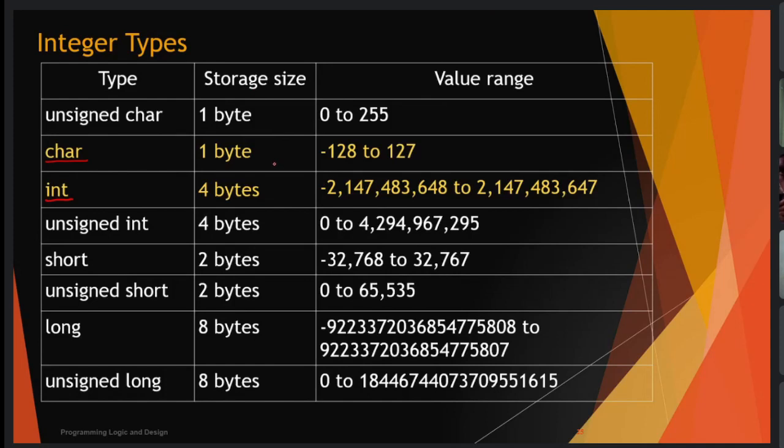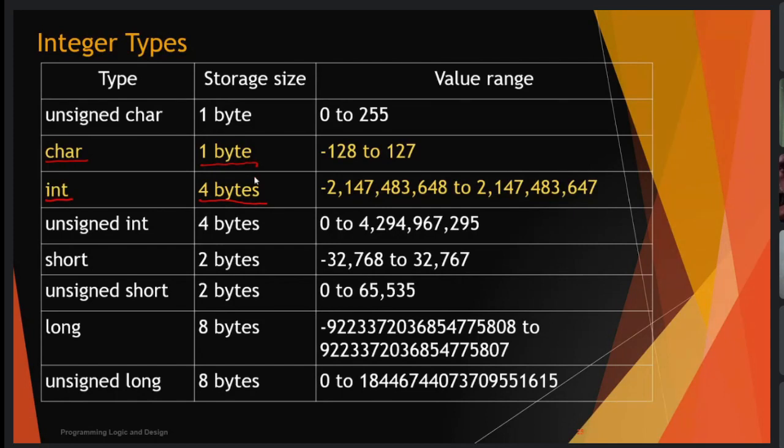As to how big or how small the memory used by the variable is dictated by the data type. So if you say character, guys, it is equivalent to 1 byte. When you talk about integers, it will be making use of 4 bytes.